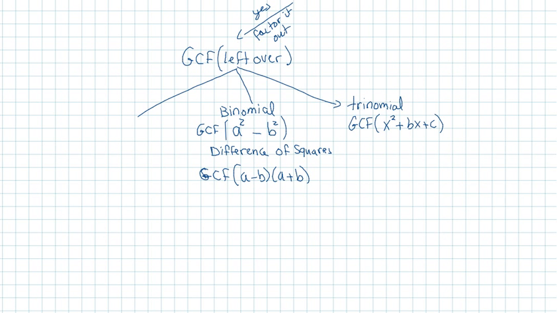That's right. So sum and product. That would be something that's multiplied to C and added to B. And then you will factor it with the factors. So it's going to look like this.